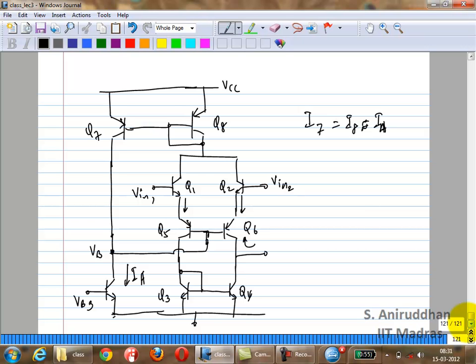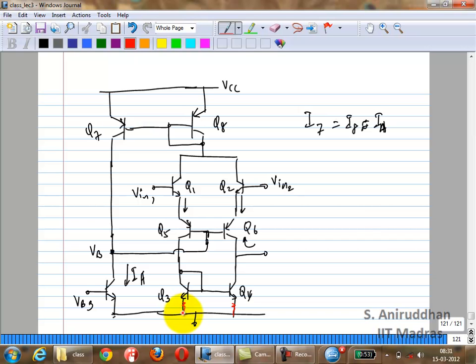I have a current mirror. Okay. I want to increase the output impedance. What all methods do you know to increase the output impedance? Right? You can degenerate. You can add degeneration resistors here to improve the output impedance.